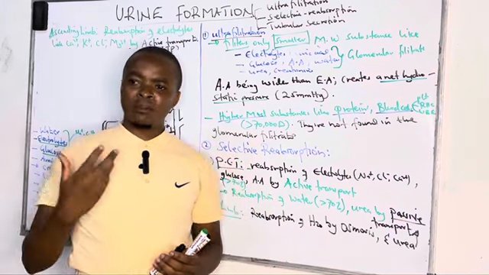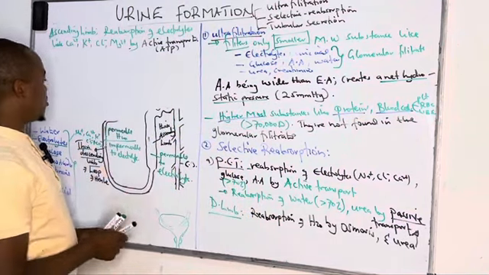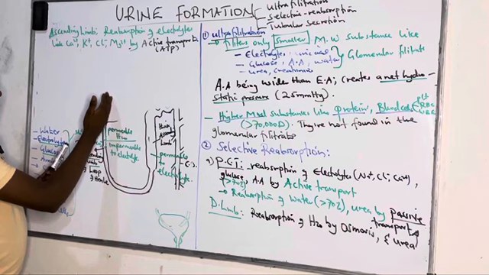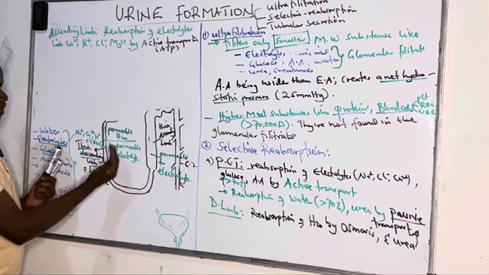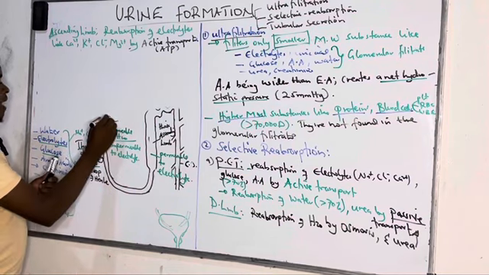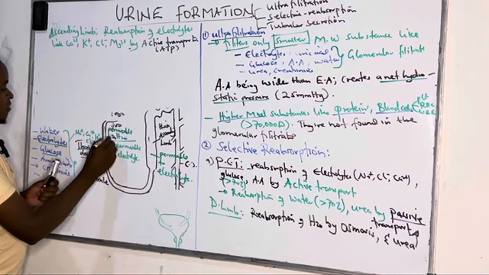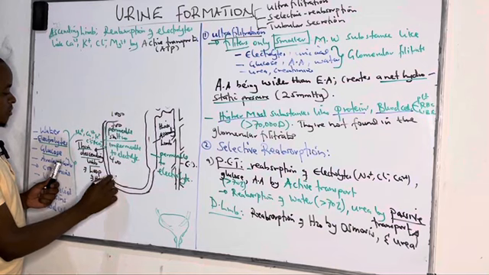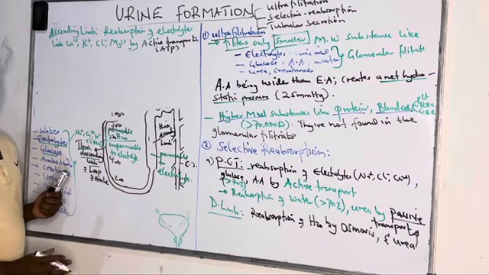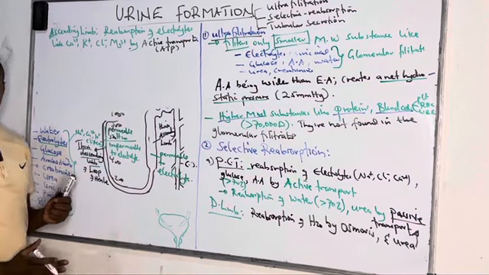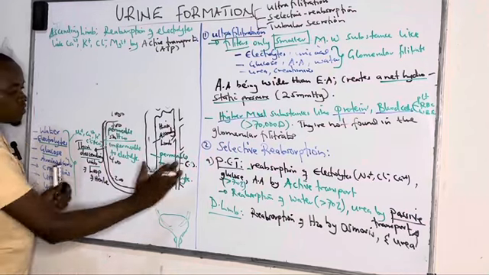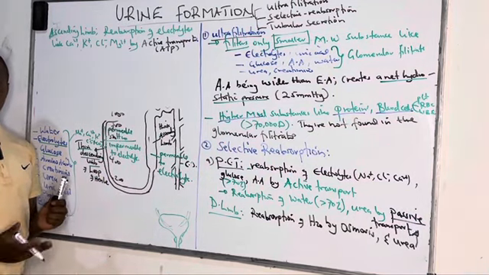And this is what normally brings the other concept, which we normally say that as the filtrate is moving down, because we are losing water, the osmolarity keeps reducing. If I'm at 1,000, it goes to 700, 500, 400. By the time I'm reaching here, it is like at 200. But when you are going back, the osmolarity also starts to increase, because you are not losing water, you are only losing electrolytes.